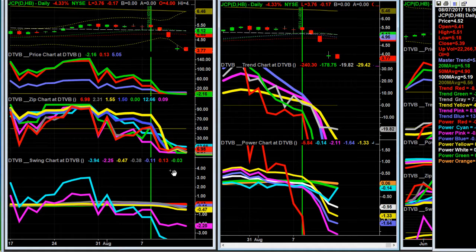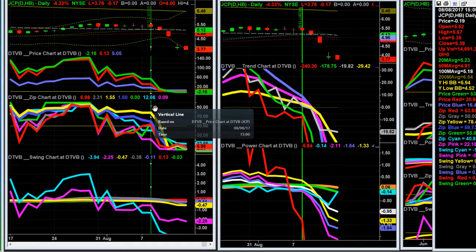On this day, we have a couple of divergent conditions. I pointed out the red up touching the green. Red and green are actually divergent in this case, and we don't see it too often. We have zip red and gray up and zip yellow and blue down. We also have zip yellow at 78 and zip blue at 59.